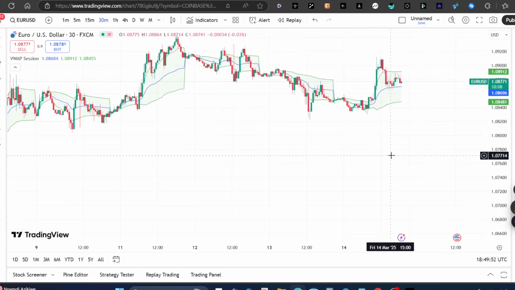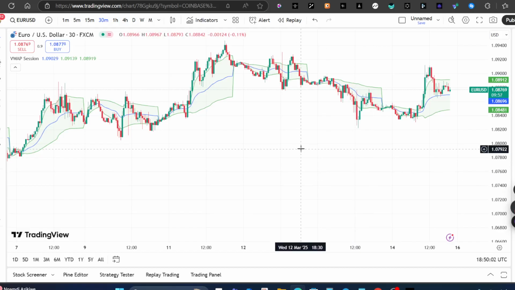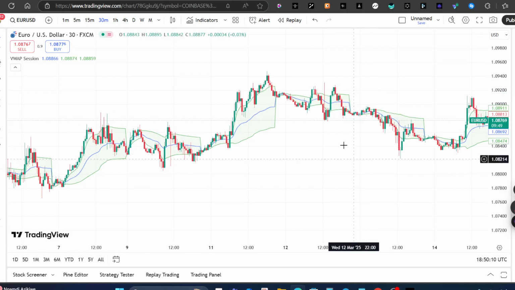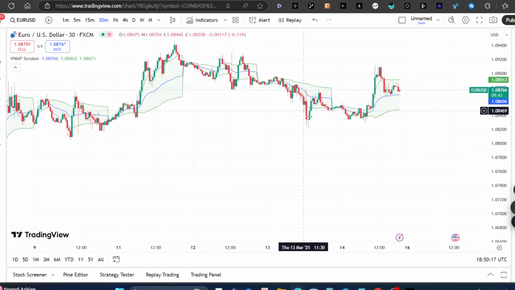It gives a more accurate picture of the average price at which an asset has traded during a given time frame, weighted by volume. What is great about the VWAP is that it helps you see where the price is relative to the average price for the day. So if the price is trading above the VWAP, it suggests that the buyers are in control. And if it is below the VWAP, the sellers might have the upper hand.